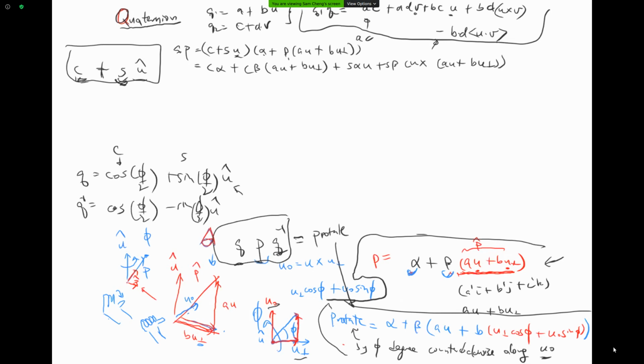And then I have minus S beta, the inner product, U with AU plus BU perpendicular.